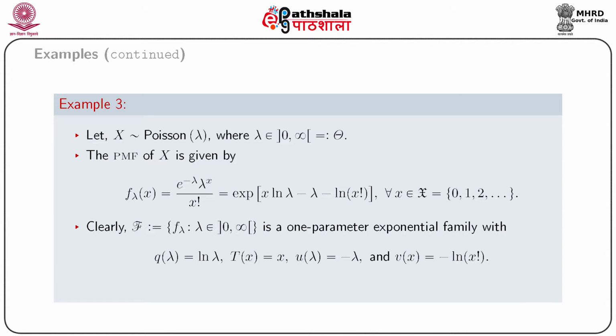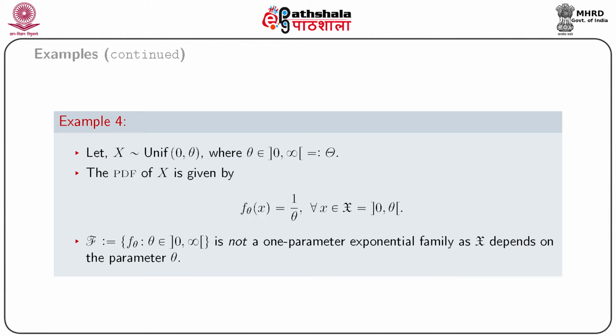If we set q lambda equals log lambda, t x equals x, u lambda equals minus lambda, and v x equals minus log x factorial, then f x belongs to the one parameter exponential family.